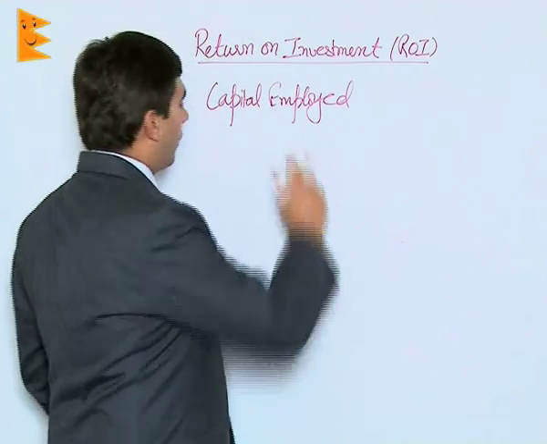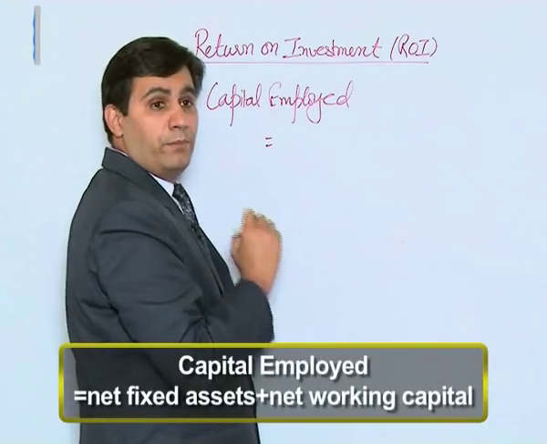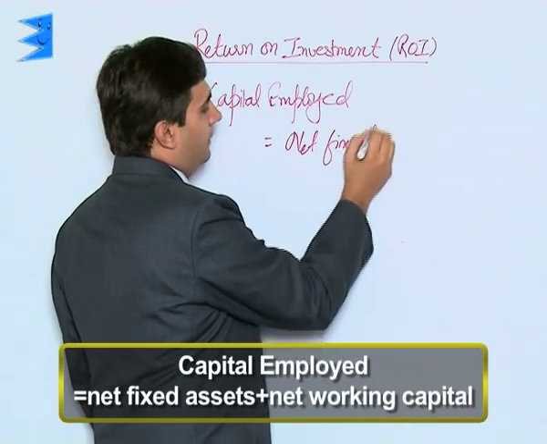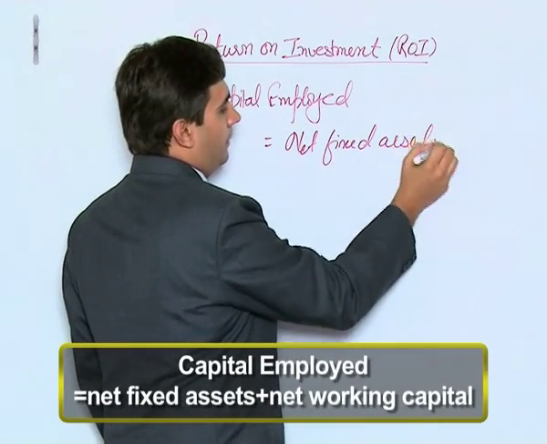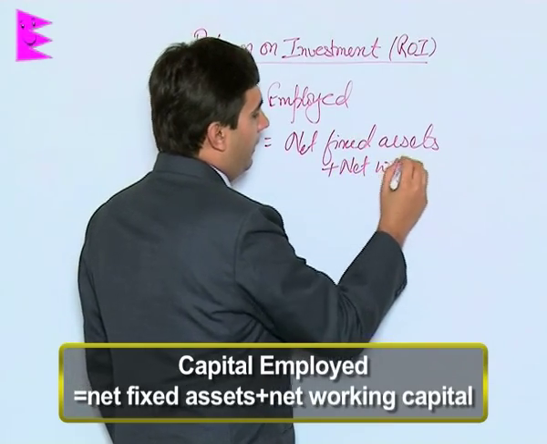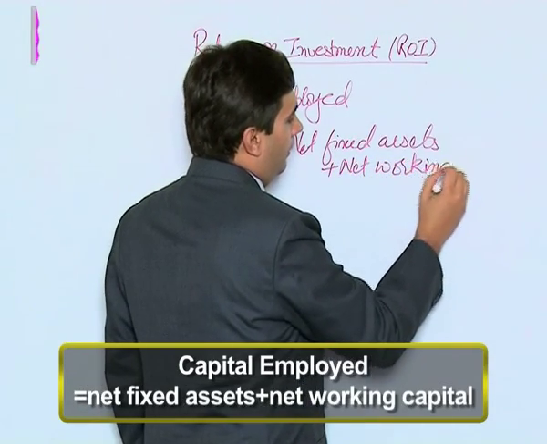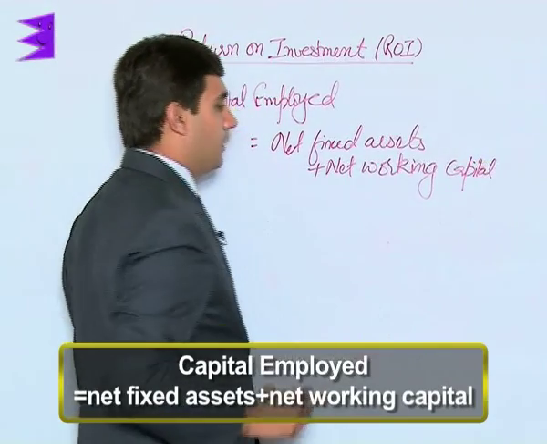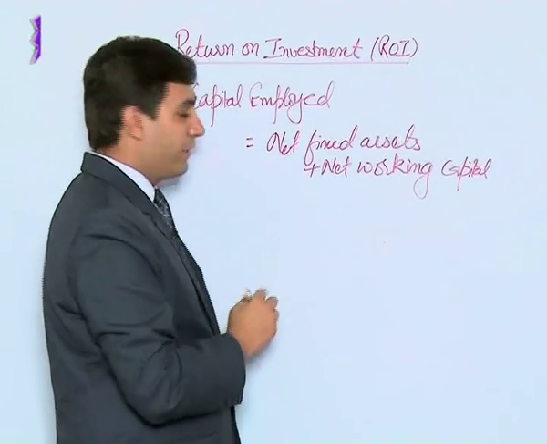So the other formula says that capital employed is equal to net fixed assets plus net working capital. Now students, we can also subdivide them.